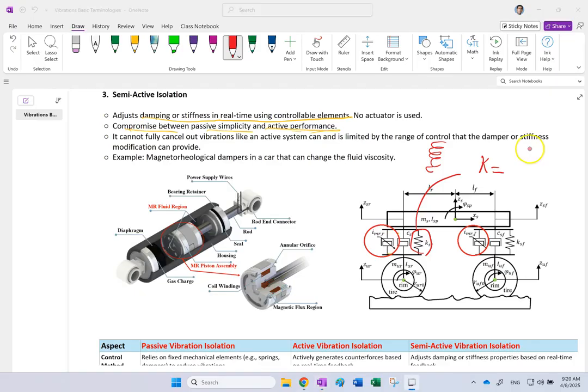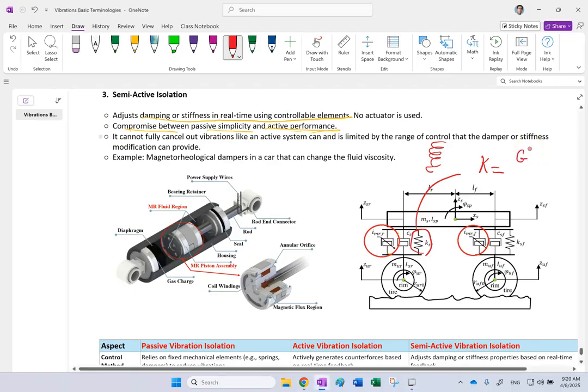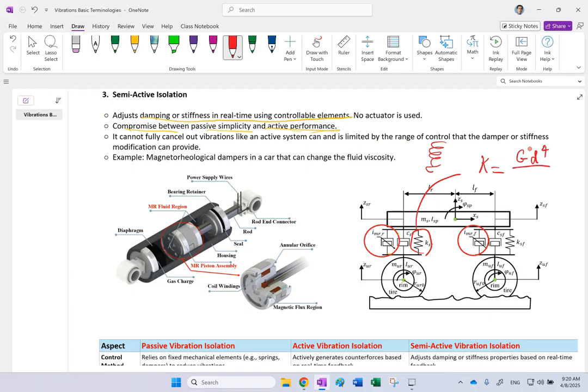It is equal to G, the shear modulus, which depends on the material, times d to the 4, where d is the wire diameter, over 8 D cubed. This D is the diameter of the coil, times N, and N is the number of active coils. Or you can write it in terms of pitch if you want as well.